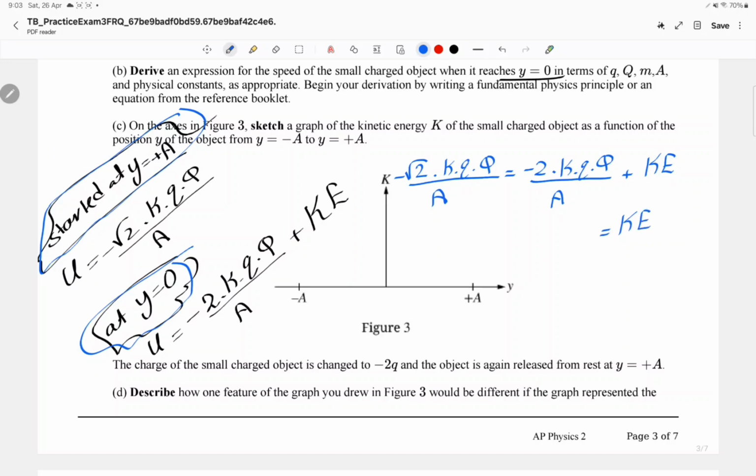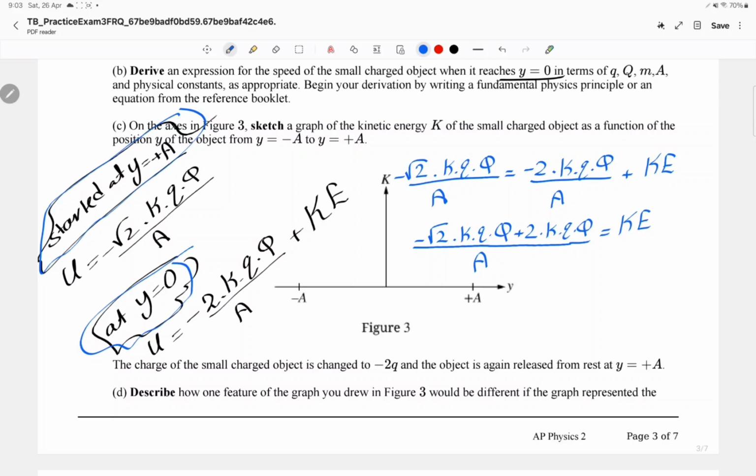So k is equal to, move these to the other side. So we're going to have a here, negative root 2 k q plus 2 k q.